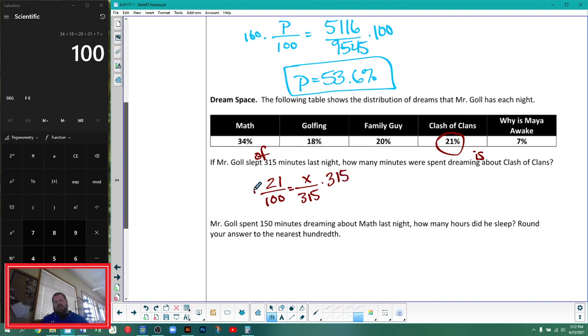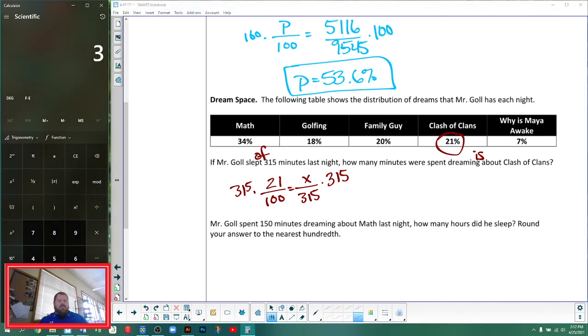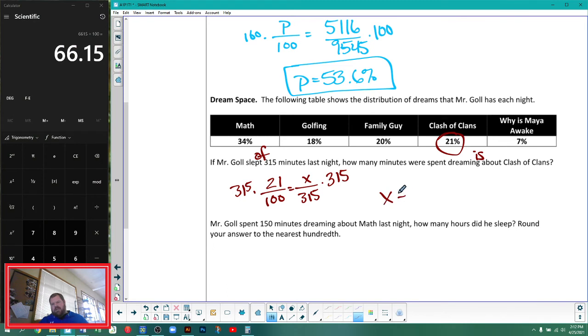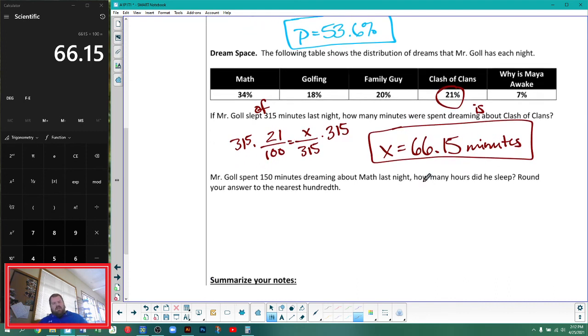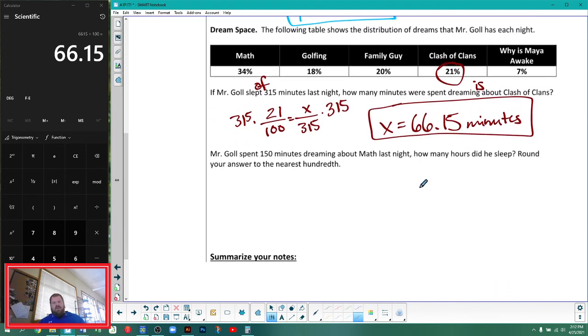Multiply both sides by 315. 315 times 21 divided by 100. So I roughly spent an hour, apparently, dreaming about Clash of Clans. Not likely anymore, but oh well.